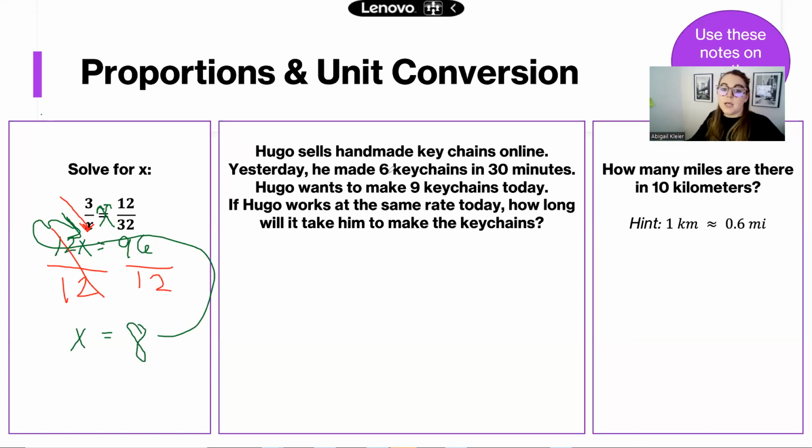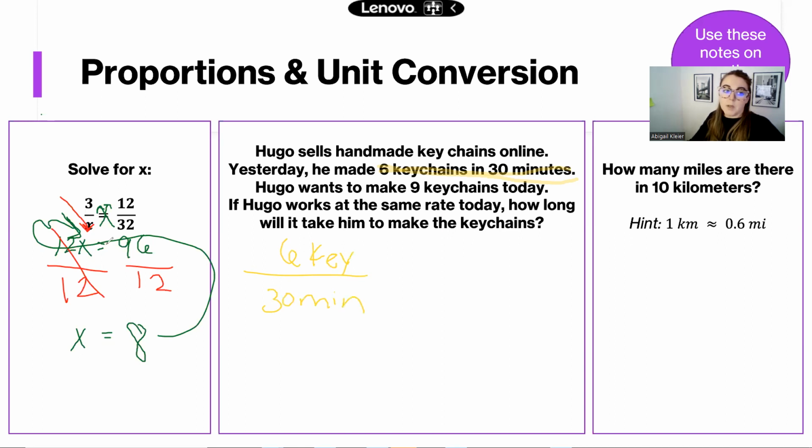It says yesterday he was able to make 6 keychains in 30 minutes. This is going to be our first fraction. 6 keychains, and I'm going to put K up there just so we know that we're talking about keychains. 6 keychains in 30 minutes.